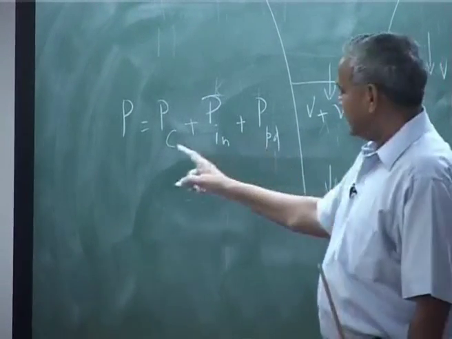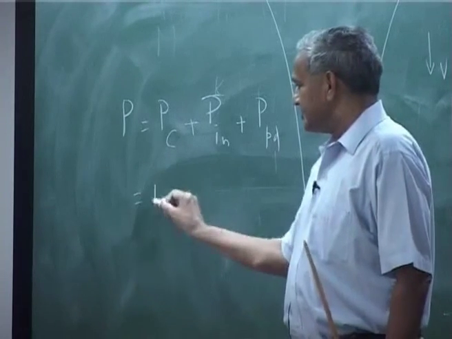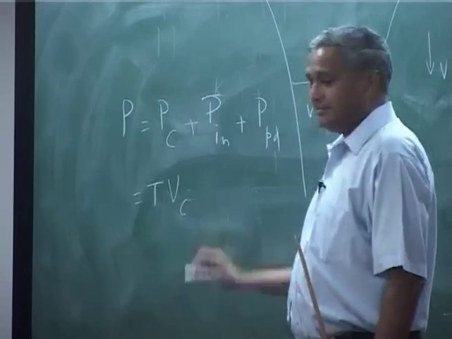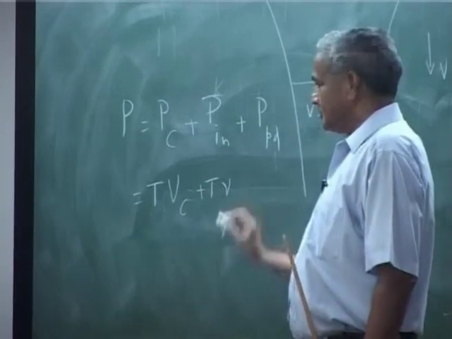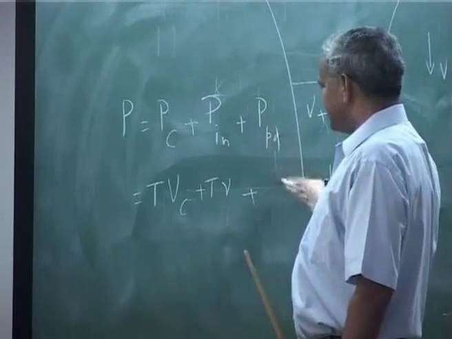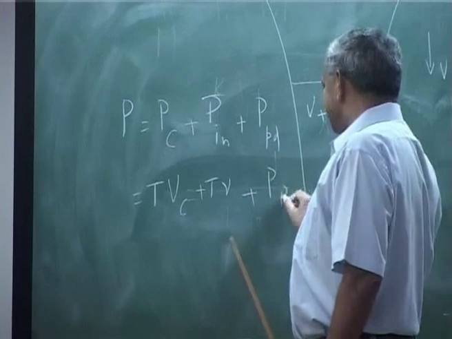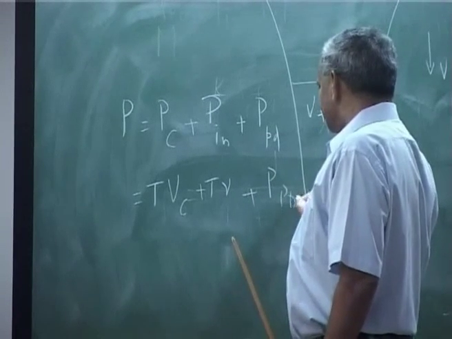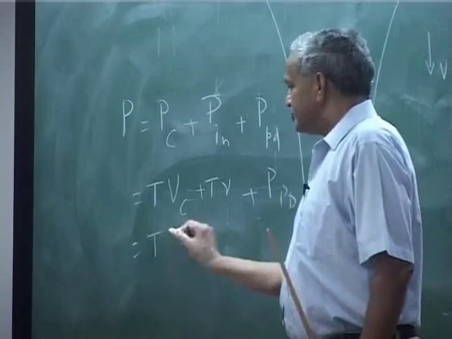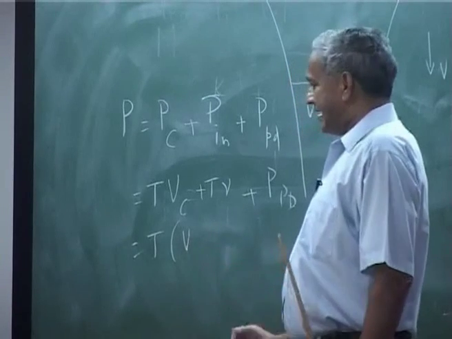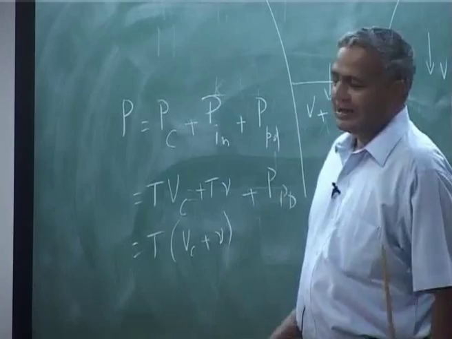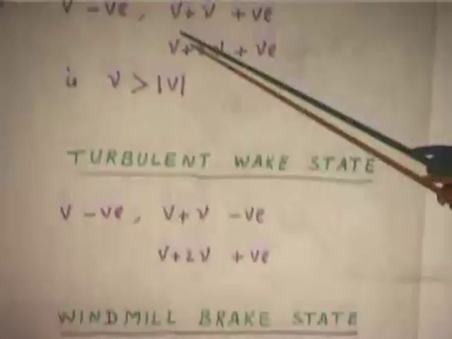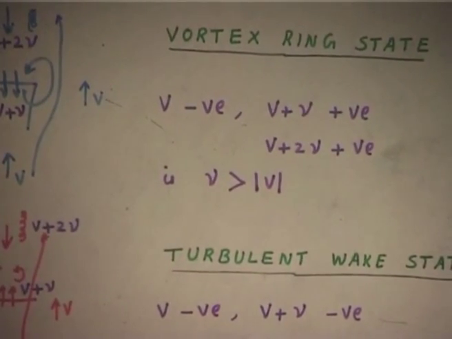This is thrust into velocity climb, this is thrust into inflow, plus of course the profile drag power, that let it keep it as it is. This is T into V climb plus nu, and I have not used the subscript here, V is the velocity.